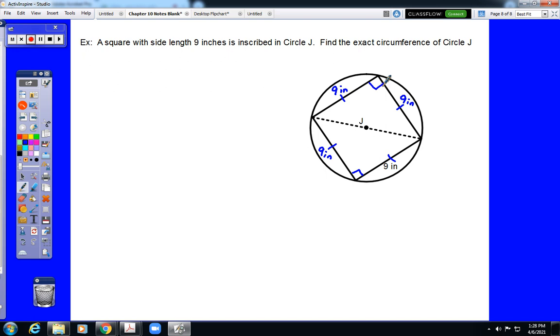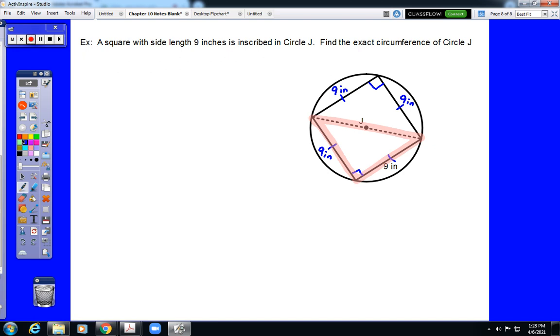Yes? And if we got even more specific, within the square we have 2 shapes that we should recognize. We have 2 right triangles. So if we wanted to find the diameter of this circle, that would be the hypotenuse of that right triangle, yes? What can we do that allows us to find the hypotenuse if we know the 2 legs?